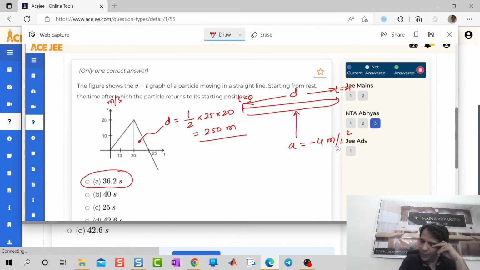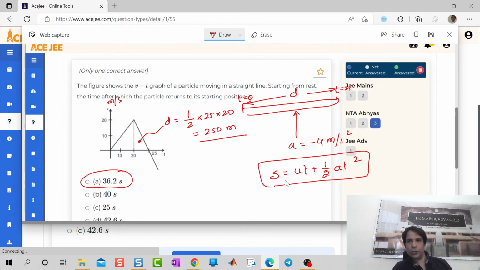I'm going to drop the minus sign, and I'm going to straight away use S equals ut plus half at square. Even though we have not learned to use this equation as of now, you can take your starting point for this equation as time t equals 25 seconds. Because remember, in this equation, what is this t? T is the time duration.